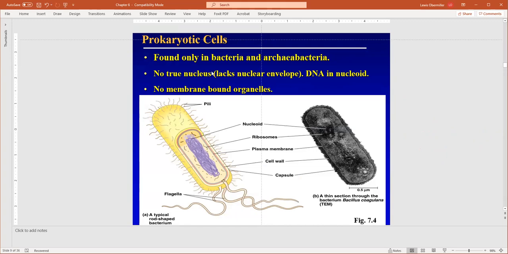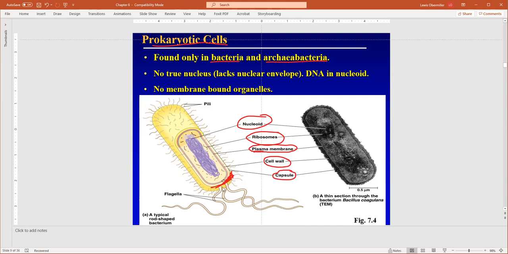So we've already talked about prokaryotes. You guys know prokaryotic cells are bacteria and archaeobacteria. They don't have a nucleus. They have an area called a nucleoid. They have ribosomes. Remember, those make protein. They have a plasma membrane, a phospholipid bilayer, just like our cells. They also have a cell wall, and some of them have a capsule, which is like a goopy exterior.